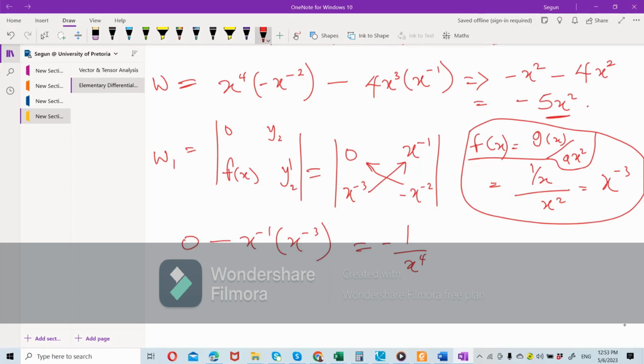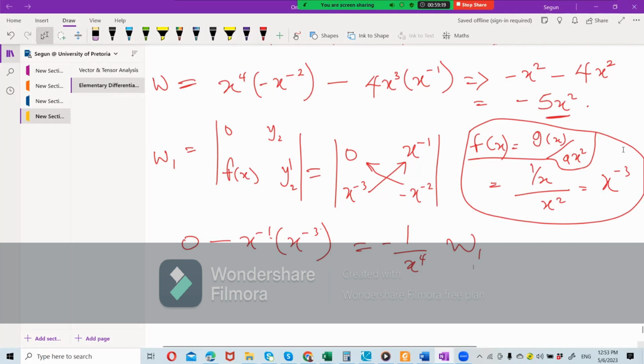That is going to be the answer. If you solve this one very well, this multiplied by this plus this, what do you have? You have s raised to the power minus 4. Then when you bring it down, it's going to give you this. So our y1, our w1 is this. So you do the same thing to w2.